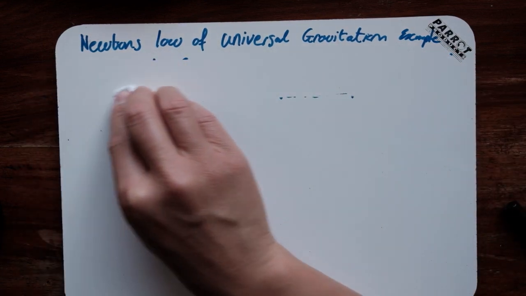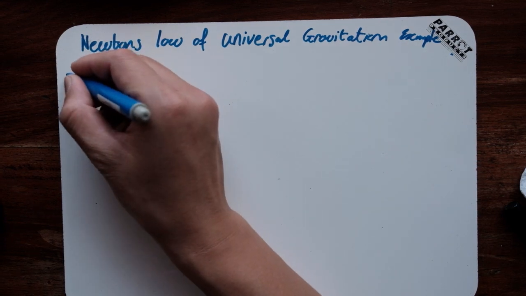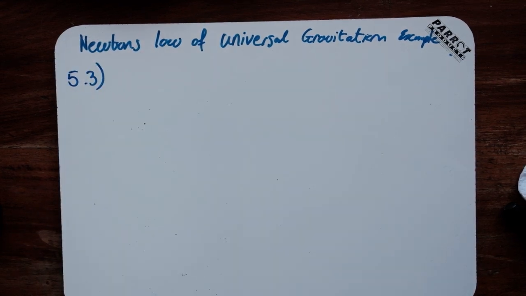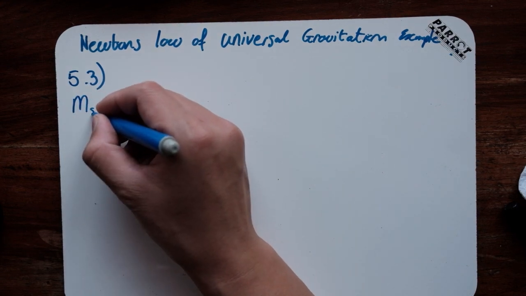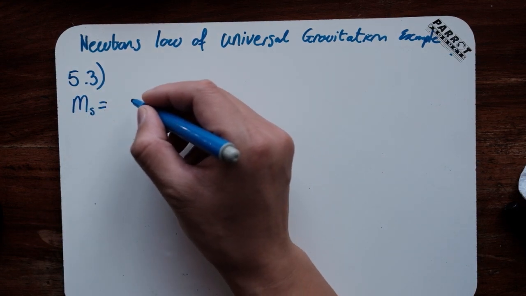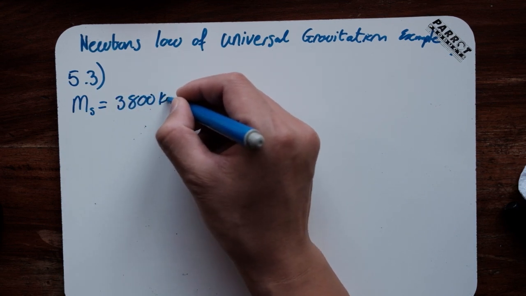Now, in 5.3, we are going to look at a calculation. In 5.3, we are being told that we are looking at the forces between the Earth and satellite A. What we know is that the mass of the satellite is going to be equal to 3,800 kilograms.